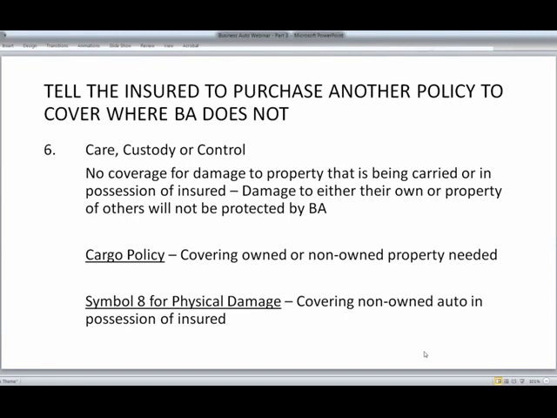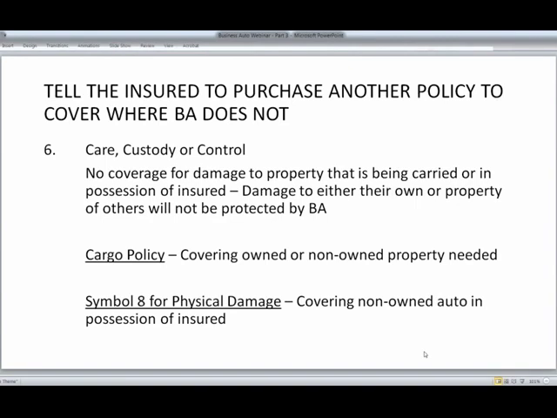Again, we do not cover that on the auto because it's in my care, custody, control. It's no longer covered under my property policy because it's no longer within 100 feet of the premises, unless I have in my property policy an extension that modifies that and does cover my property away from my premises. And there are a lot of extensions to property coverages that do that.